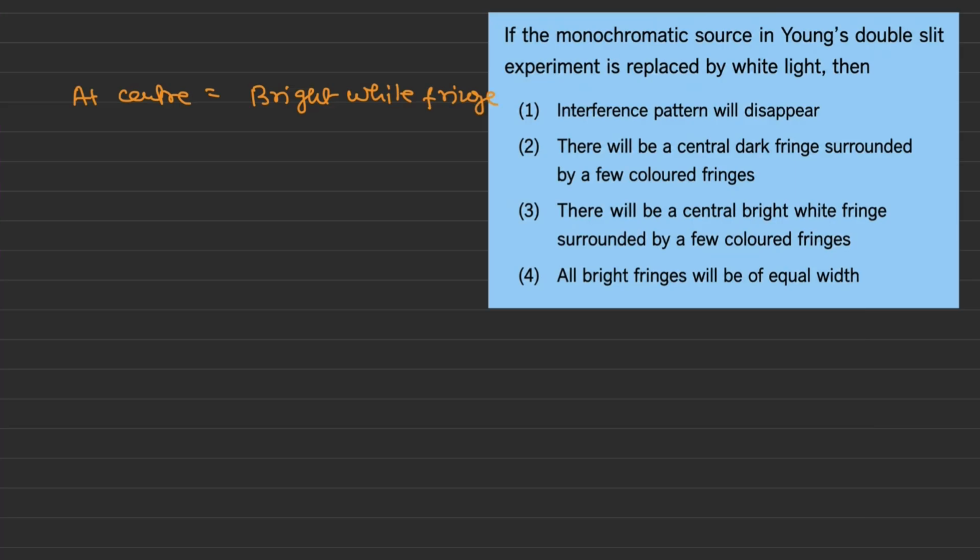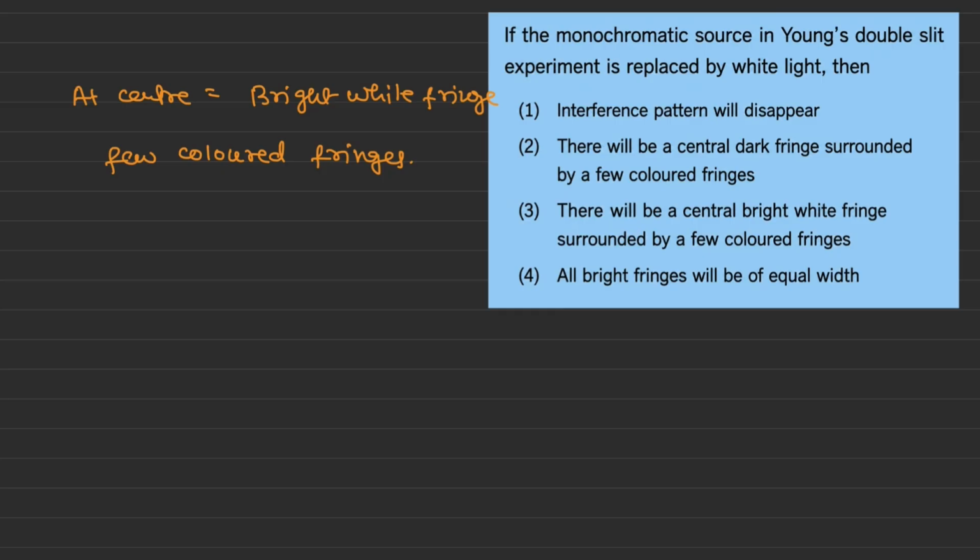But when you go upside or downside, what will happen? Slowly, for different colors, their constructive interference will come into the picture. So you will be able to see a few colored fringes over there because all the colors have different wavelengths. Corresponding to that, you will be able to see the bright fringe.